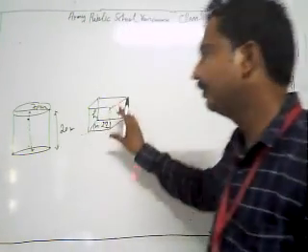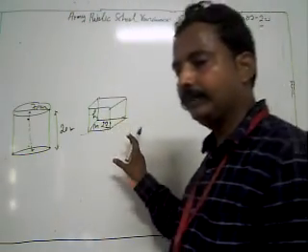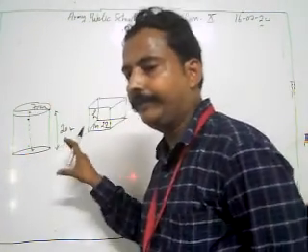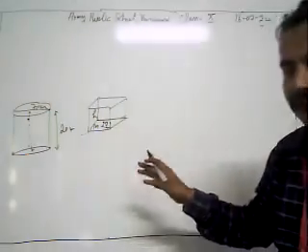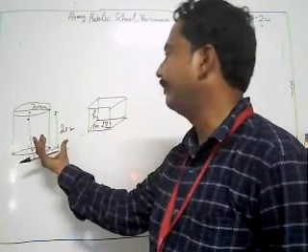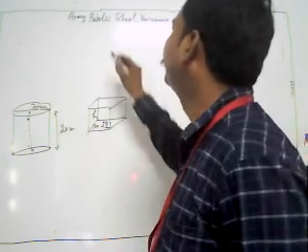First we find the volume of earth dug out from the cylindrical shape.